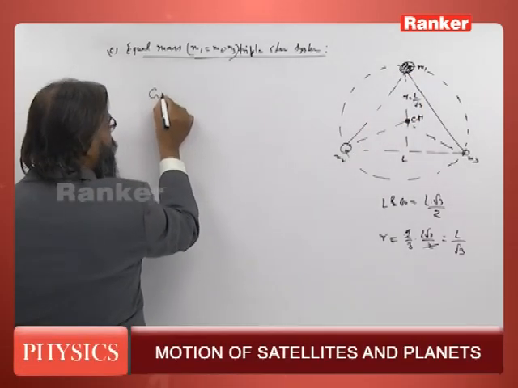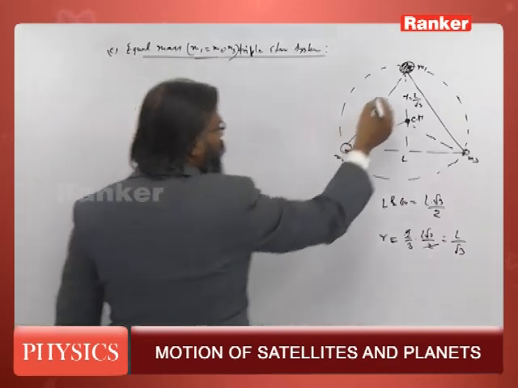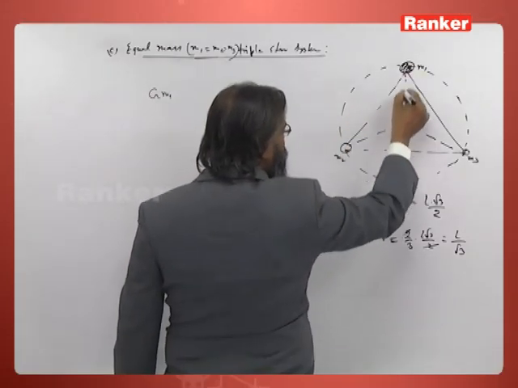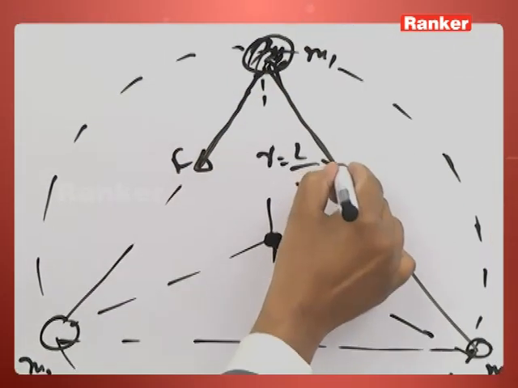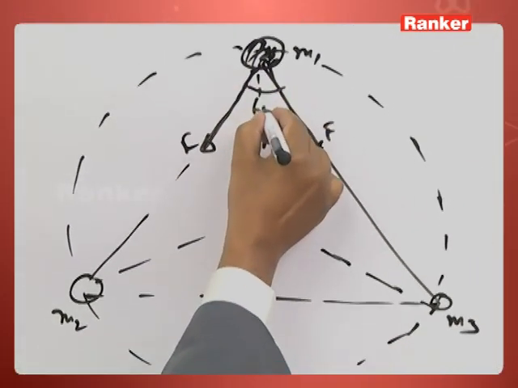Now, the force on this mass is the gravitational force, suppose this is F, and the angle here is 60 degree.